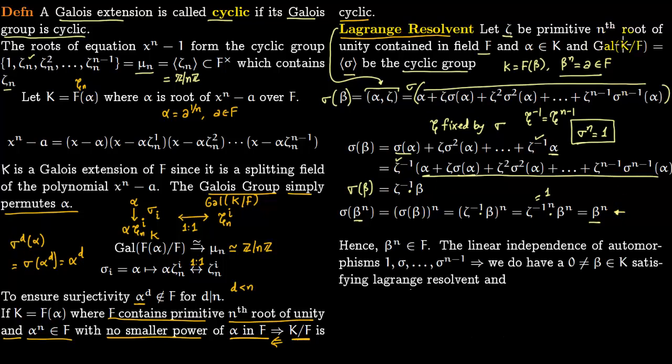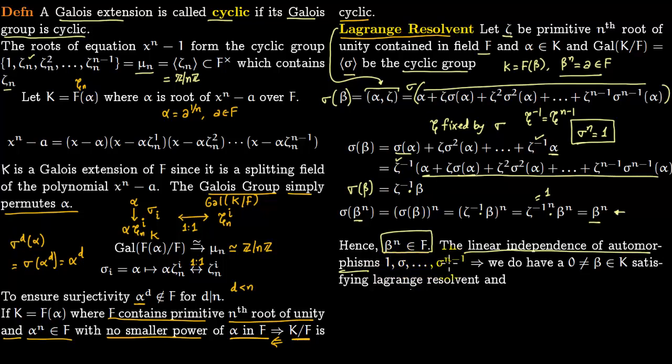Now, sigma is an element of the Galois group of K over F, which fixes F. Therefore beta to the n lies in F, because sigma is an element of this Galois group and it is fixing F. Now recall that in the lecture on linear independence of characters, we showed that there is a linear independence of automorphisms 1, sigma, all the way to sigma to the n minus 1.